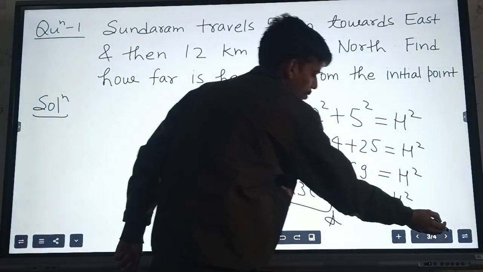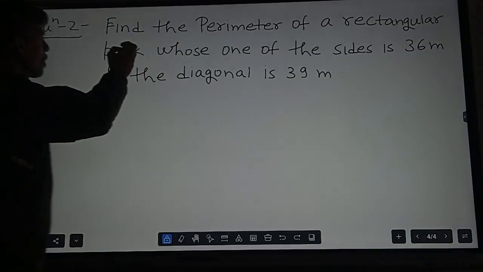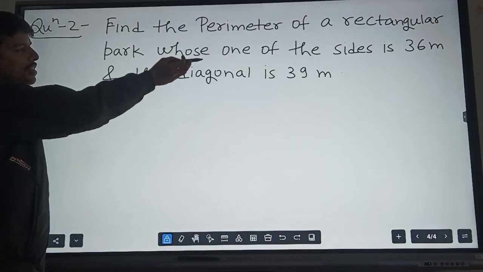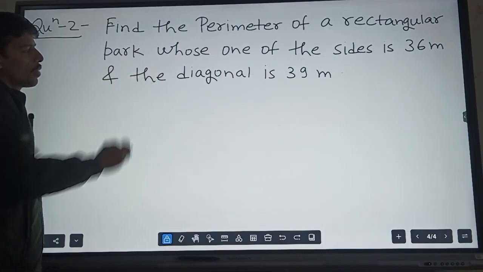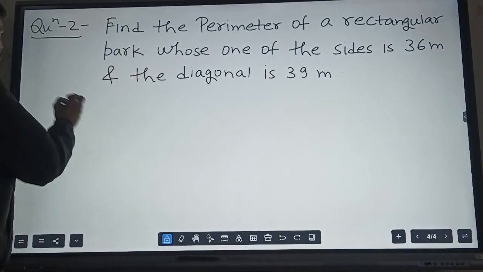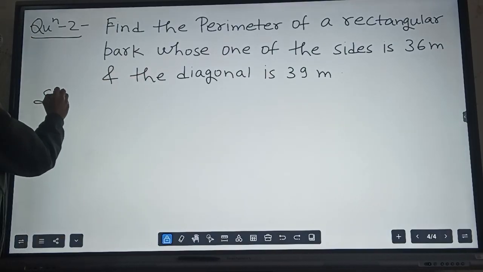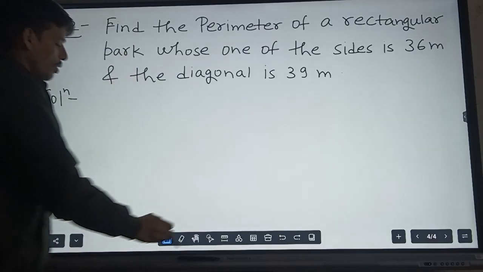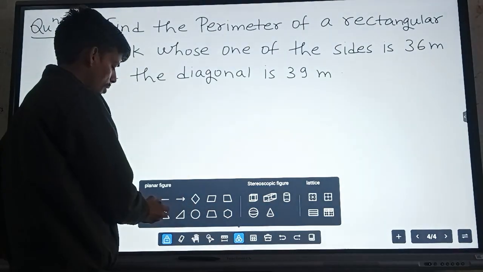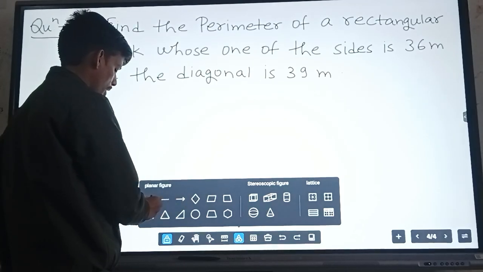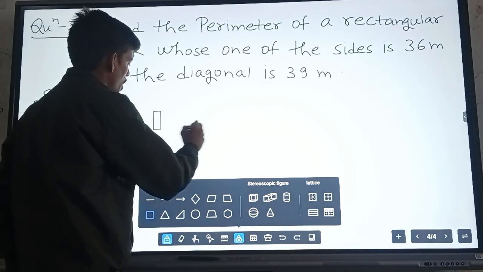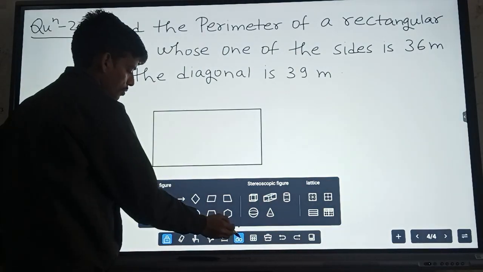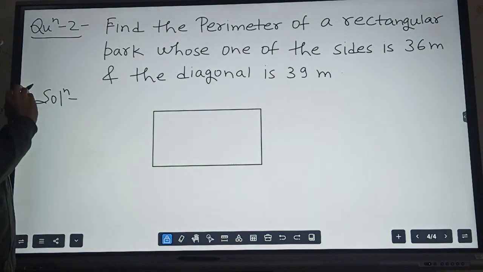Now our second question. Find the perimeter of a rectangular park whose one of the sides is 36 meter and the diagonal is 39 meter. The shape contains a rectangle, so we draw a structure of a rectangle.